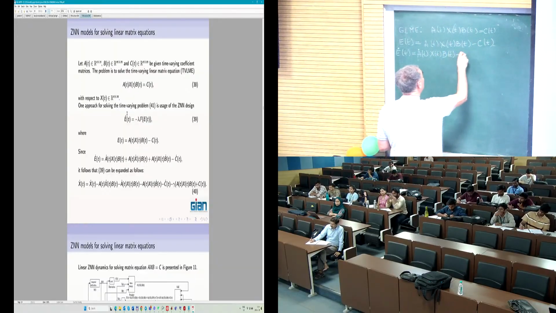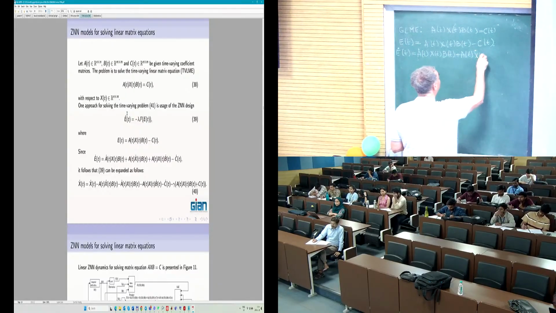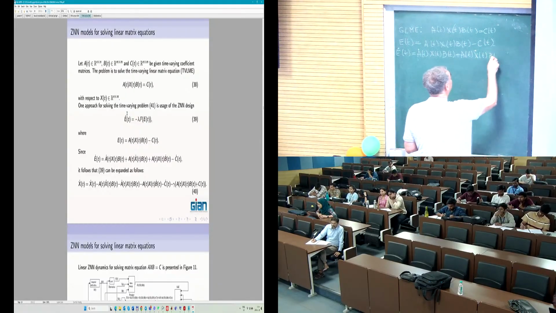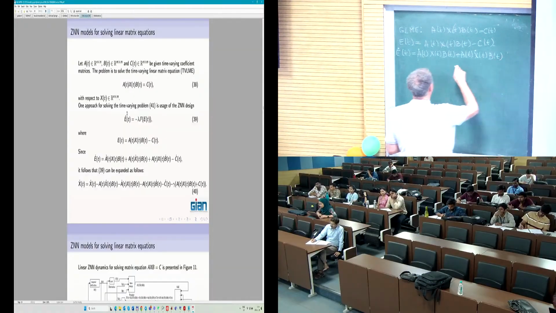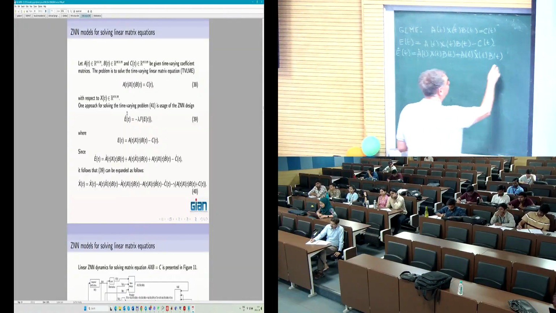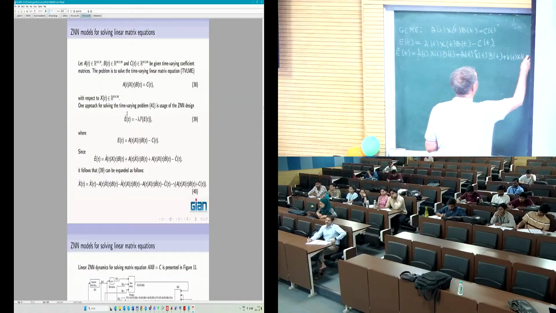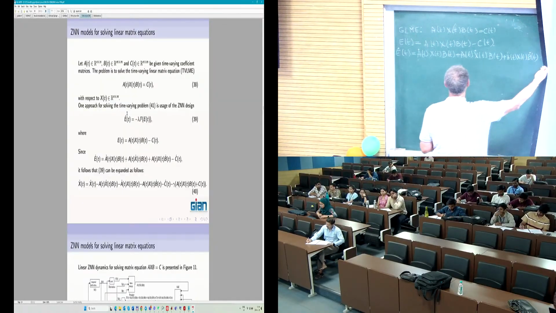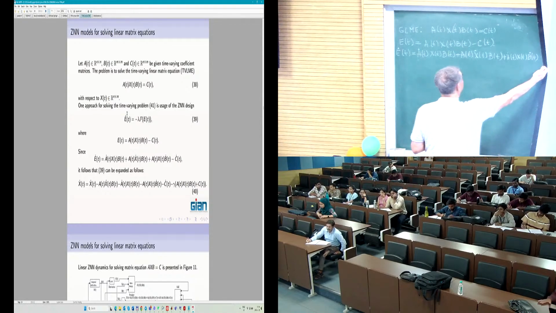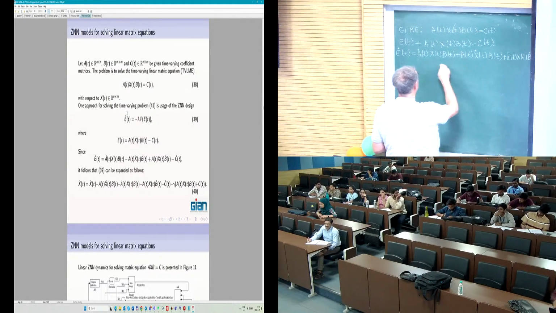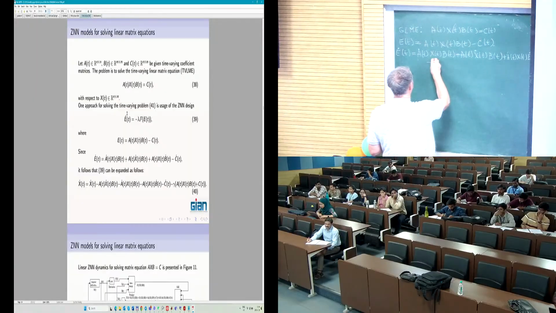Then the derivative of the second term. Plus the derivative of the third term. No space for the last term, minus C dot of t.